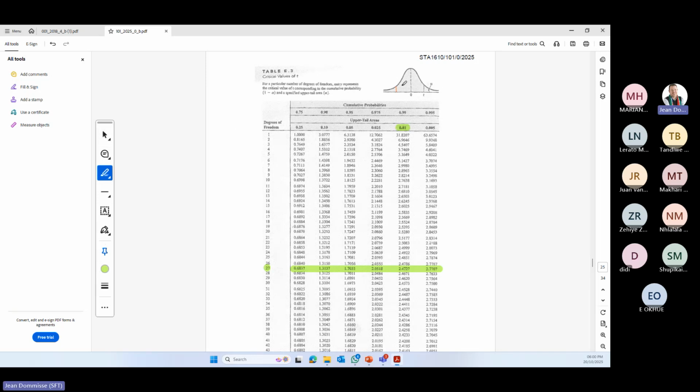So your 95% will lie between the negative and the positive t.